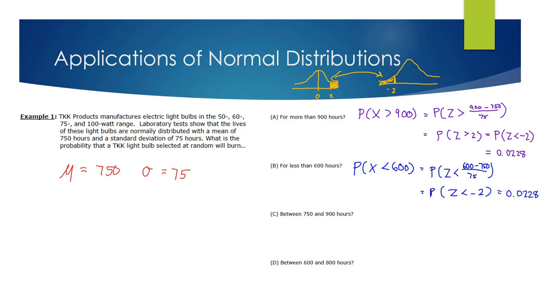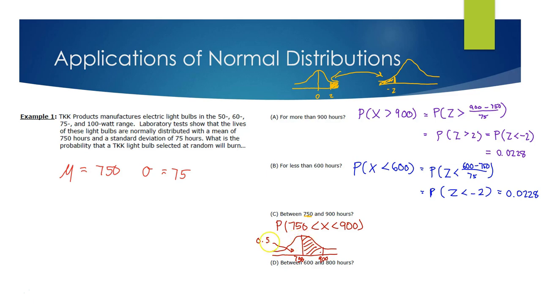Between 750 and 900 hours, again, you always want to get an idea of what's going on here. 750 happens to be the mean. So when I look at the circumstance, between the mean and 900, I know that this portion right here is 0.5 because at the mean, I should be at the 50% point.